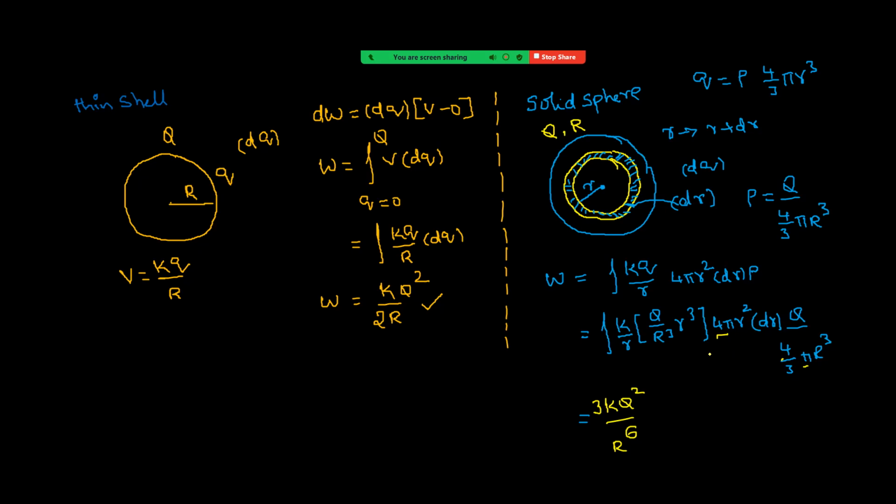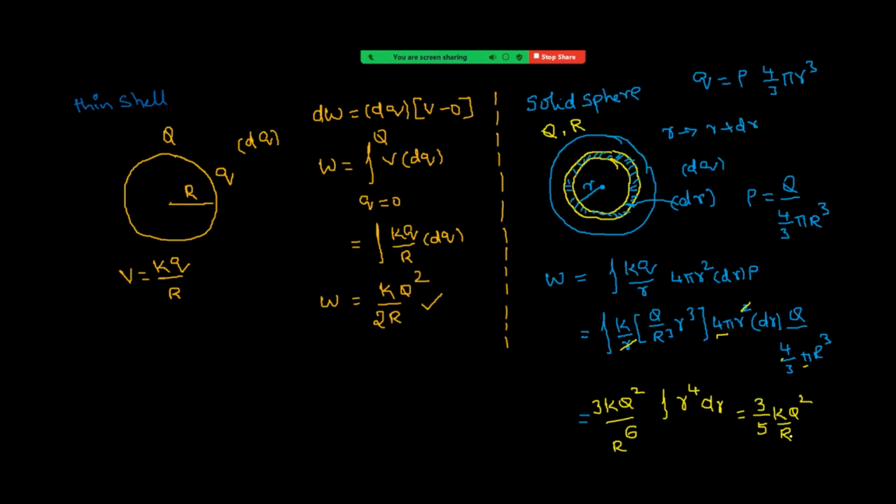And one more thing I have not taken. See, one r gets cancelled here. So remaining is only integration of r power 4 dr, right? Now r power 4 dr becomes r power 5 by 5. So this is equal to 3 by 5 k q square by r.